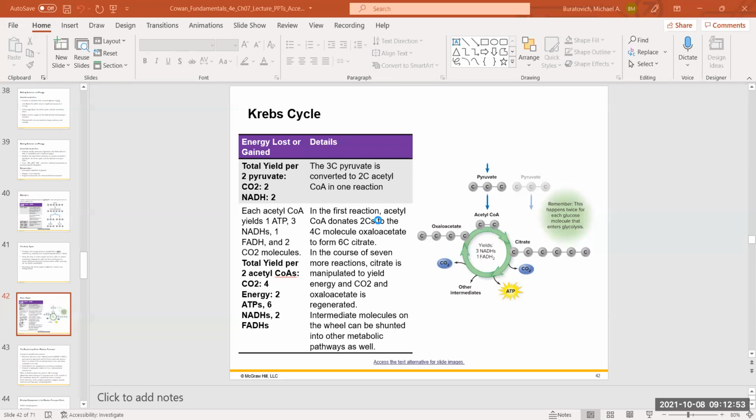Anaplerotic reactions are replacement reactions that replace metabolites that you remove from these pathways, which keeps the pathways going. So acetyl coenzyme A is also used to make fatty acids, which are used to make lipids.